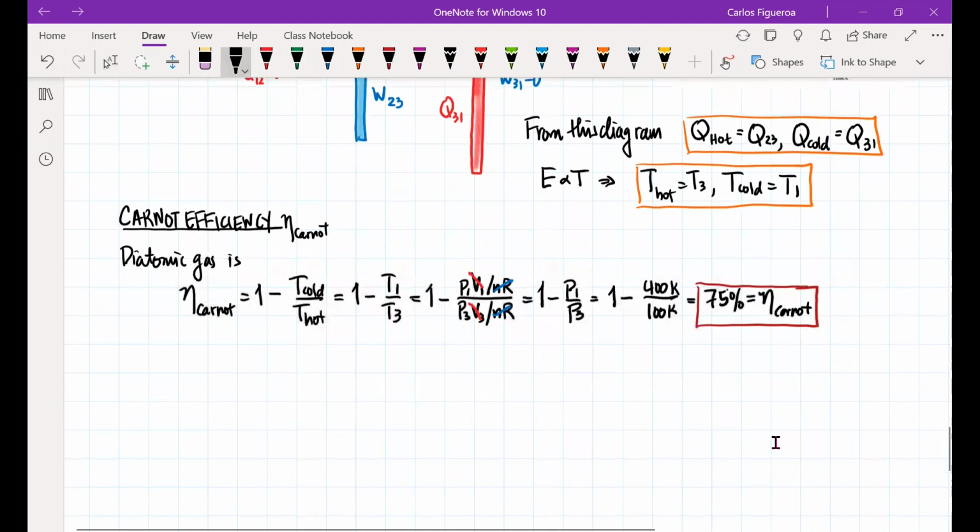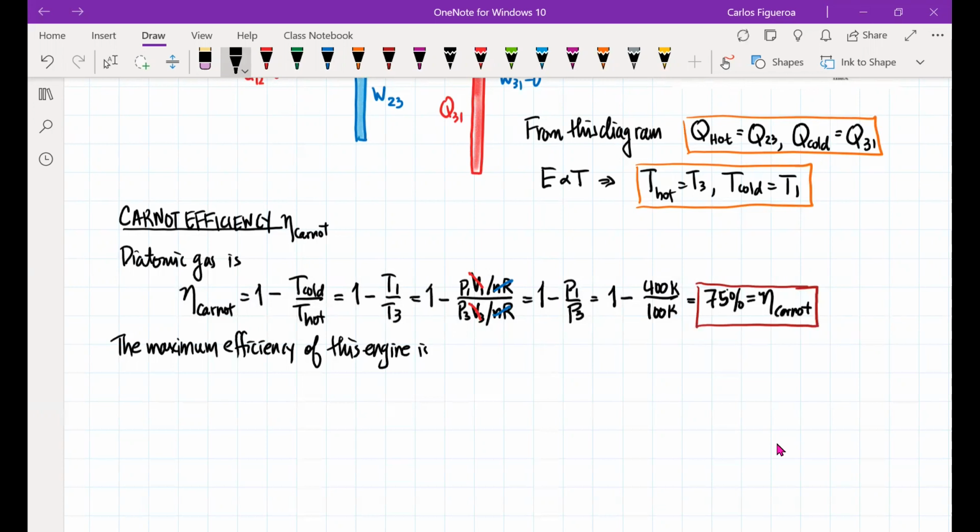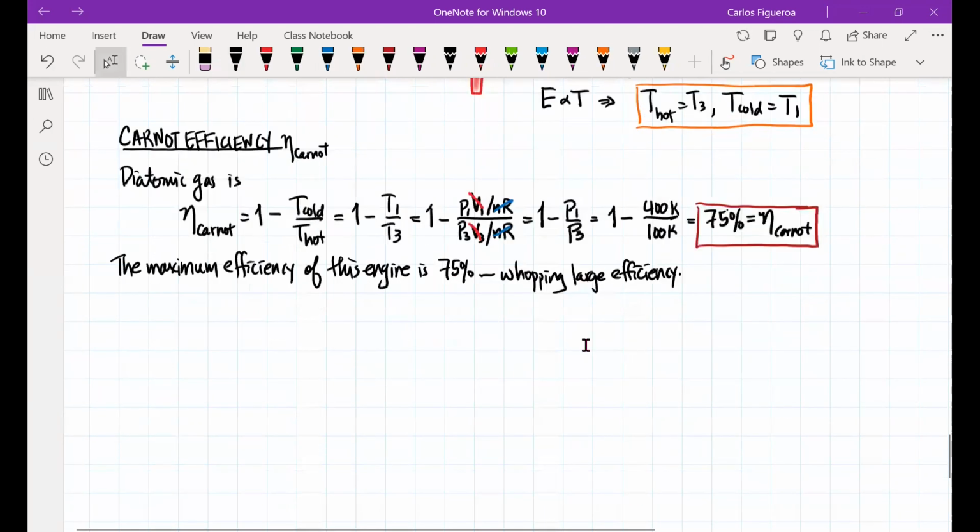The maximum efficiency of this engine is 75%, and this is a whoppingly large efficiency. That is a huge efficiency. So now let's go to the next thing.